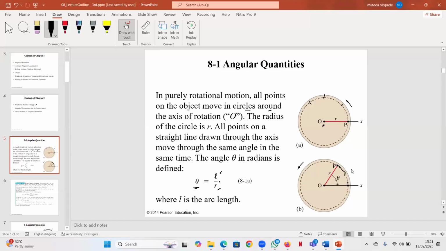This L is the arc of a circle, so theta is the arc divided by the radius. Theta is measured in radians. There's a correlation between angles in degrees and angles in radians, which we will see as we progress.